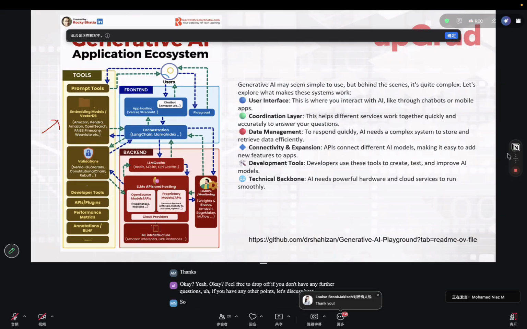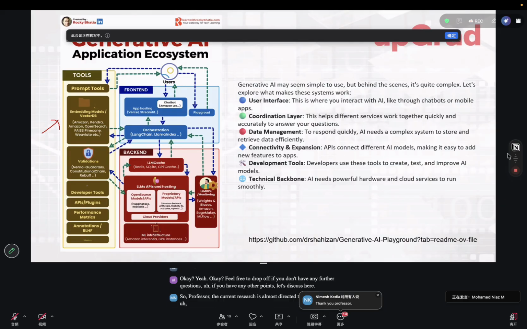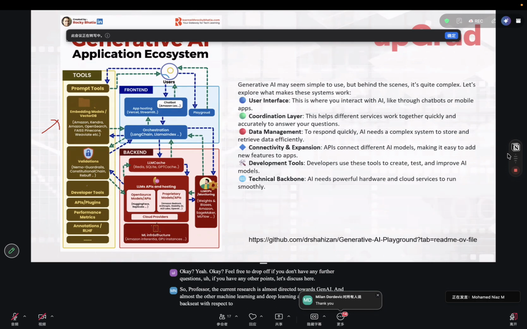Professor, the current research is almost directed towards Gen AI, and the other machine learning and deep learning aspects are taking a backseat with respect to research evolution. Not really.